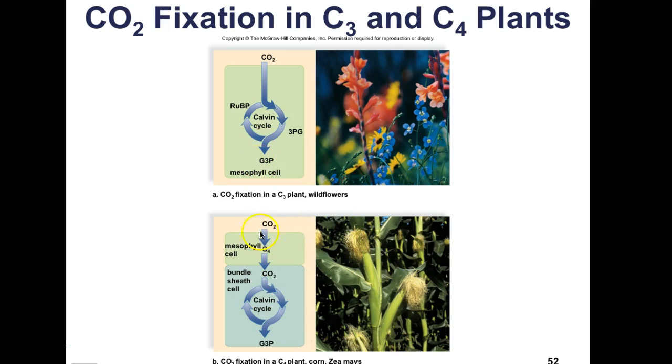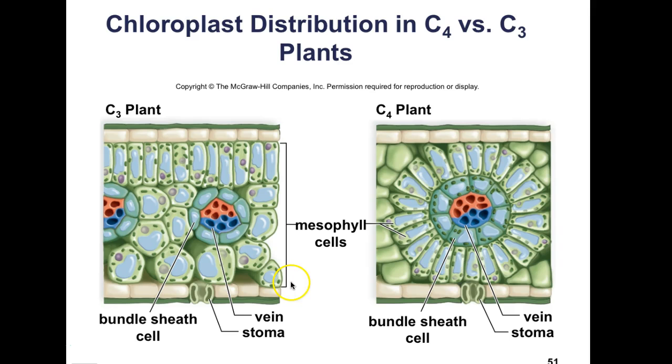But here, in the C4 pathway, which is common of corn, instead of having it all take place in the mesophyll cell, the Calvin cycle takes place in the bundle sheath, where carbon will be stored. Again, that would be this area. The bundle sheath, or the vein of the plant, will be out in this area.